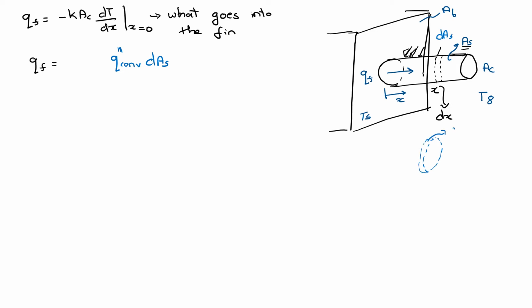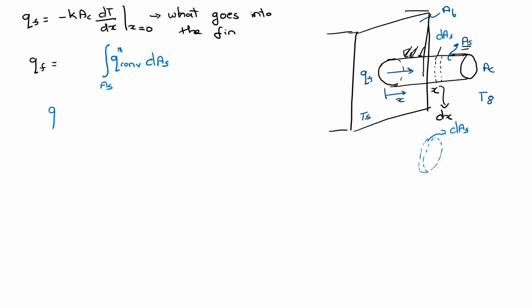So this element will have an area of, say, dAS. This will be the convective heat transfer through that element, and the total convection across the entire fin surface will be the integration of this over the entire surface.